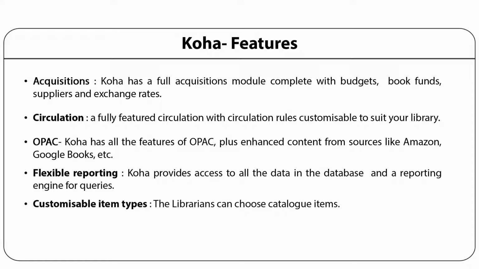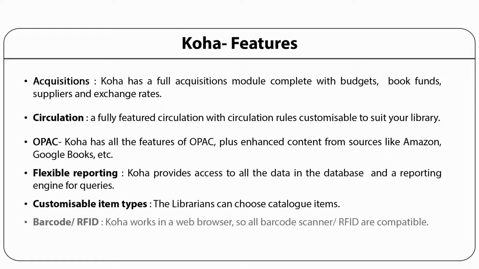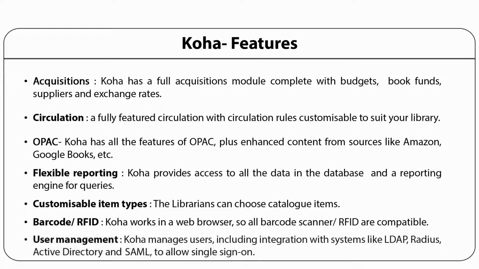It has customizable item types and is compatible with barcode scanner and RFID technology. Koha manages users including integration with systems like LDAP, Radius, Active Directory, and SAML to allow single sign-on.